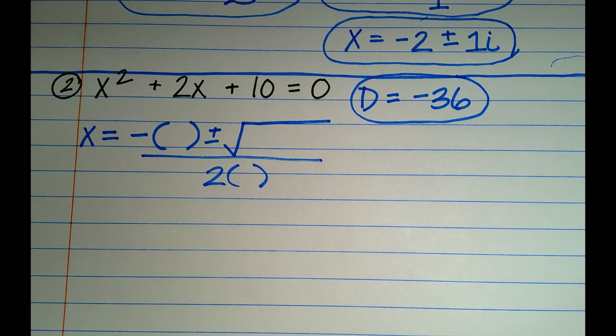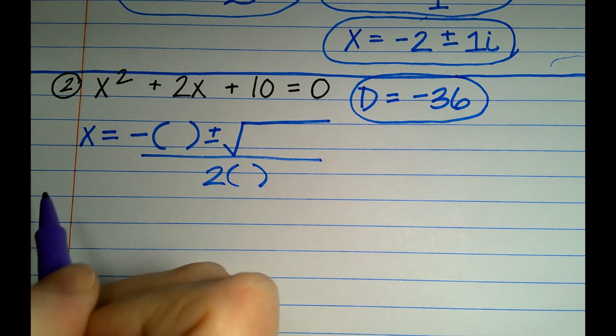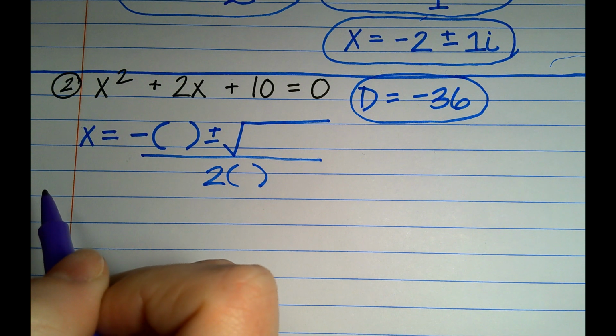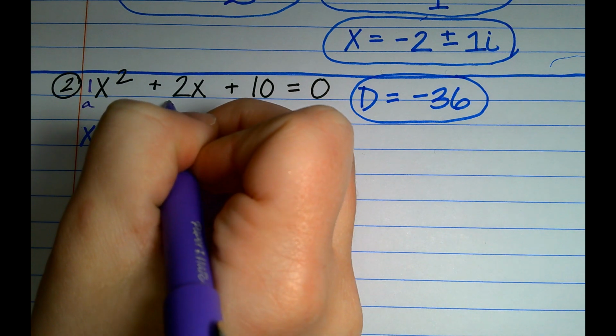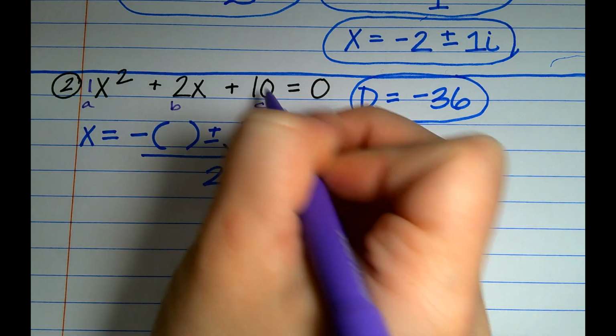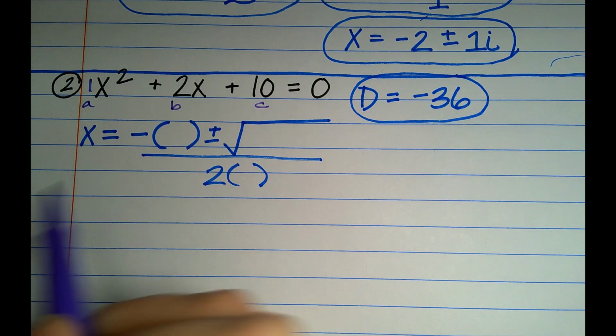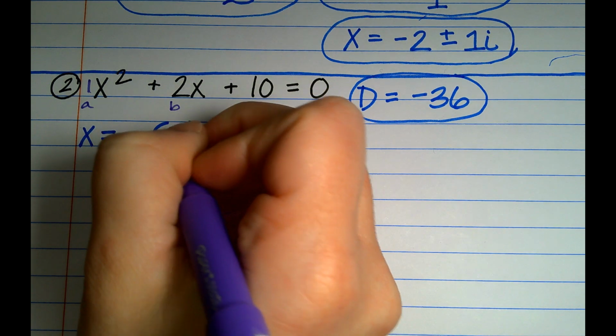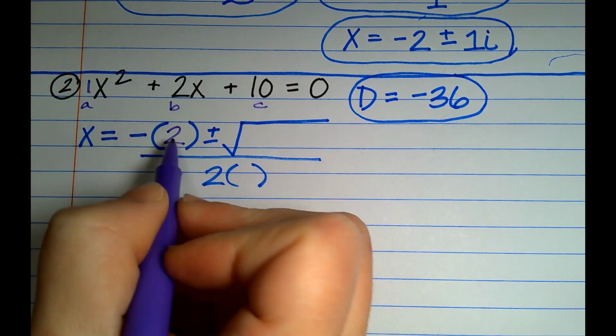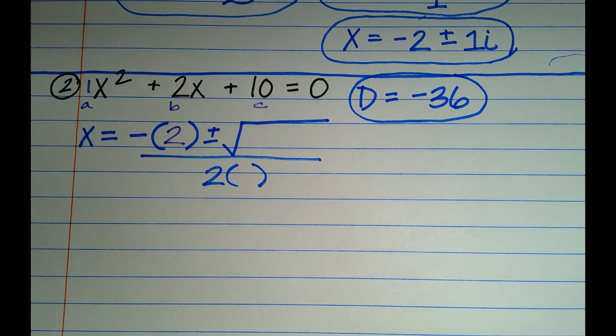First off, I got ahead of myself. What are my values for a, b, and c again? 1, 2, 3. Good. a is 1, b is 2, c is 10. So what goes in my first blank? 2. x equals negative 2, b.